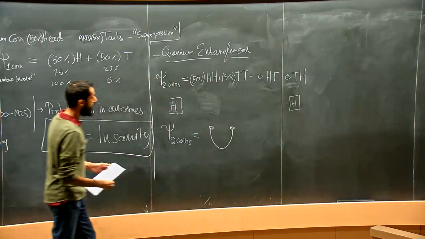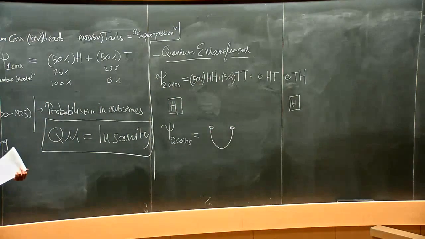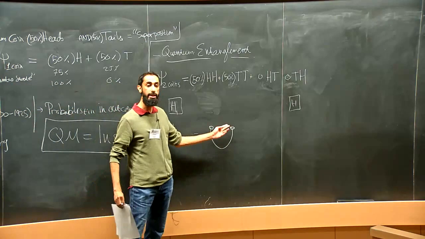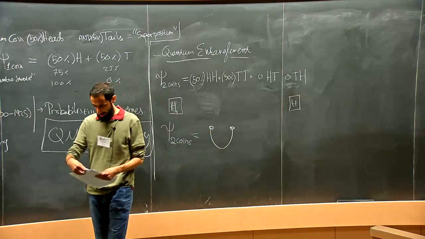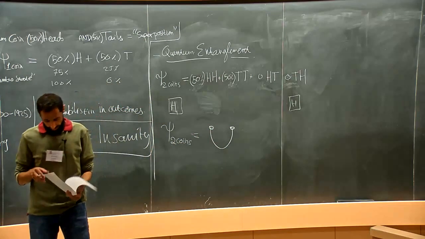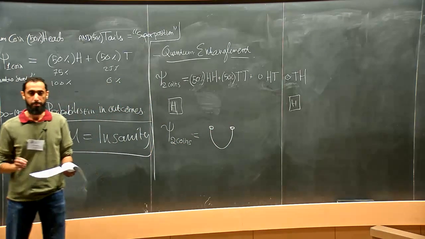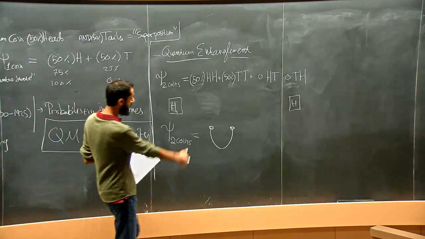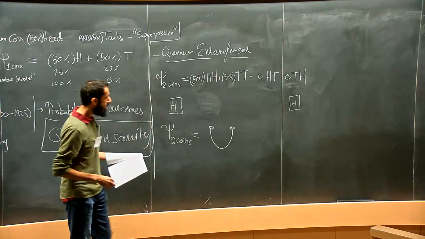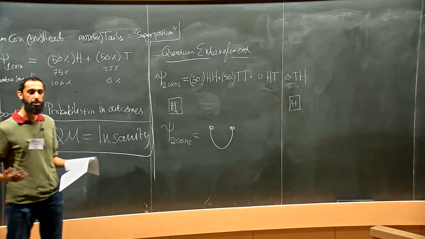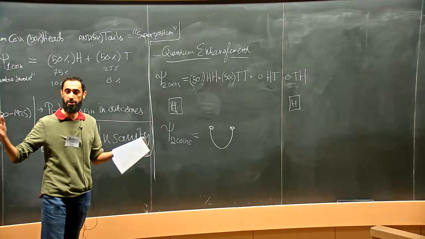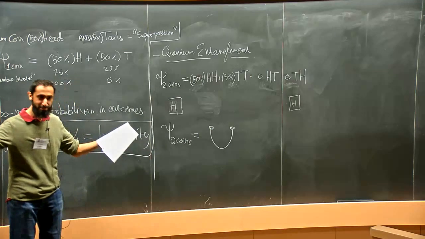Two entangled particles or two entangled coins are represented by this line that connects them. In some weird but precise sense, a pair of entangled particles can be viewed as a single particle that travels backwards and forwards in what is called imaginary time.